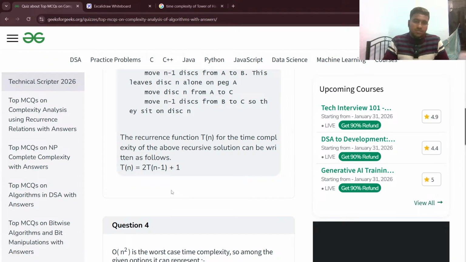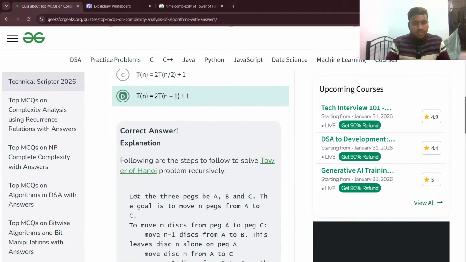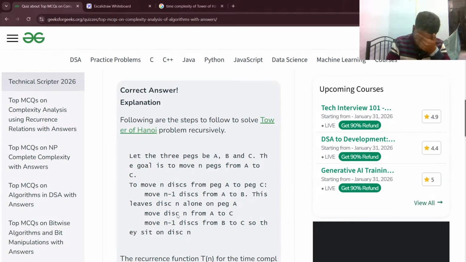You can memoize this problem, and dynamic programming could solve this problem in minimal time. That is the reason why this is a very important problem.